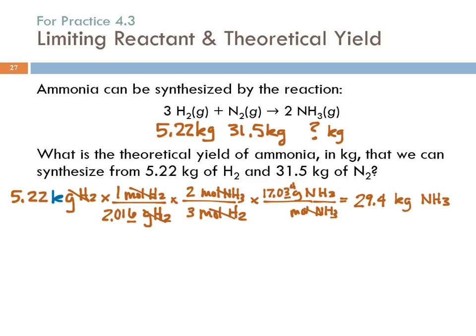Okay, so here we're going to start with 31.5 kilograms of nitrogen. And I'm going to convert to moles of nitrogen. And there's grams of nitrogen. And then I'm going to convert to moles of ammonia.